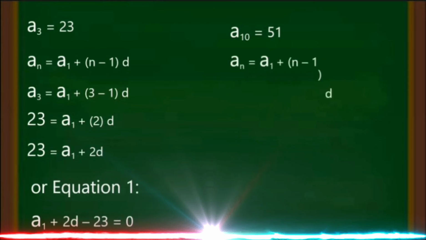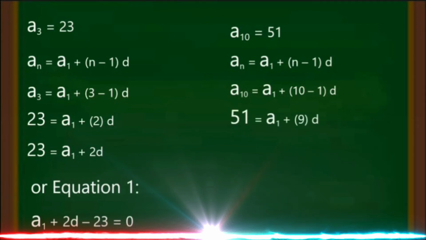How about for our equation 2? A sub n is equal to a sub 1 plus quantity n minus 1 times d. So, a sub 10 is equal to a sub 1 plus quantity 10 minus 1 times d. Now, the value of our a sub 10 is equal to 51, is equal to a sub 1.